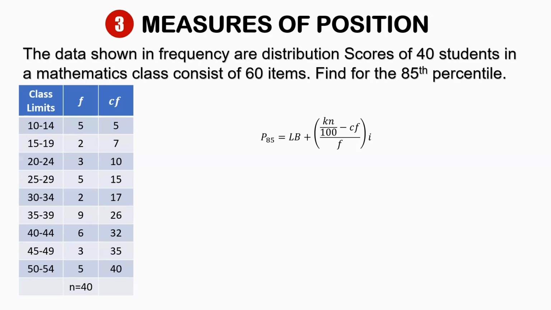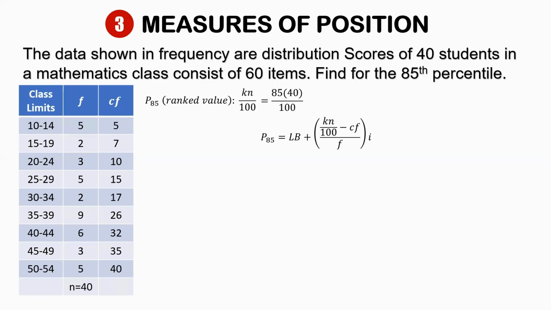First thing, let us look for the rank value, that is kn over 100. What will be the value of k here? That is equal to 85, because that is the position that we are looking for.